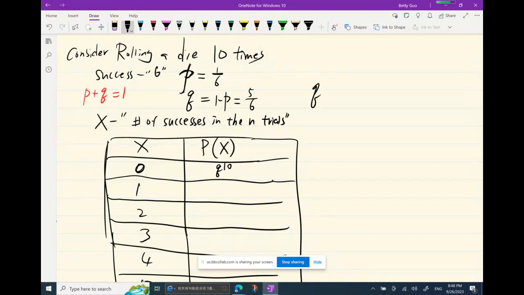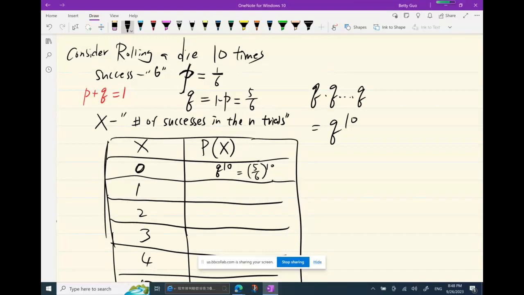Q is the probability of failure. So that would be correct, q to the 10. In this case, it's (5/6) to the power 10, right?